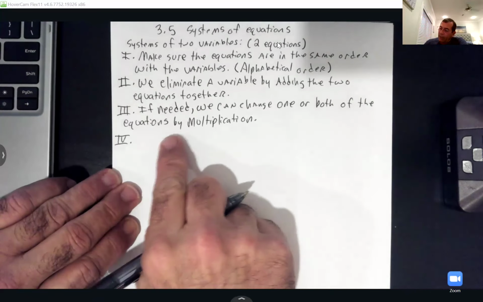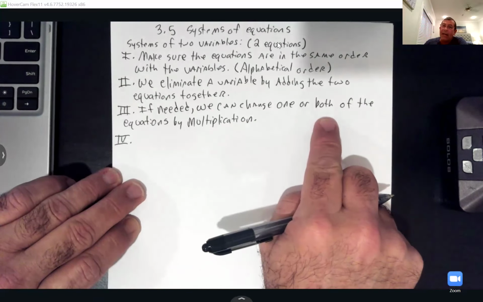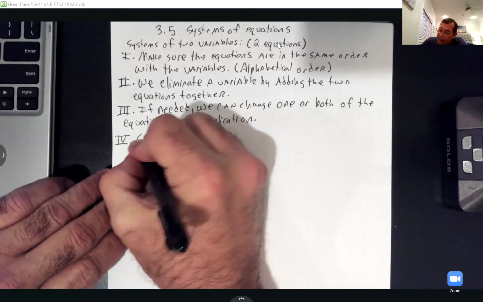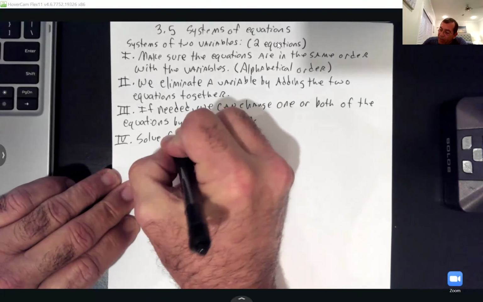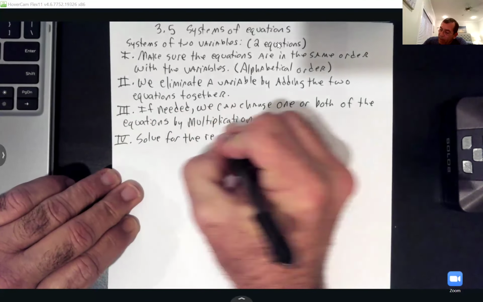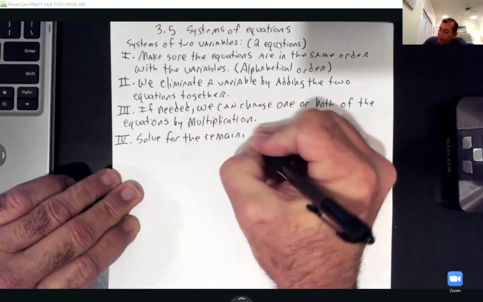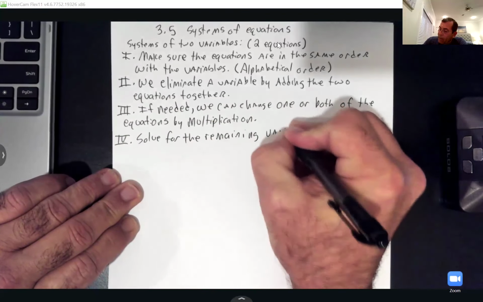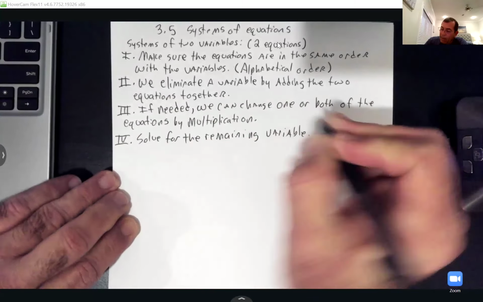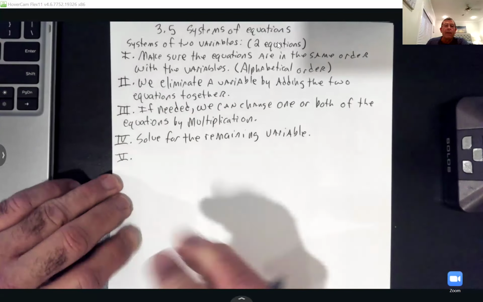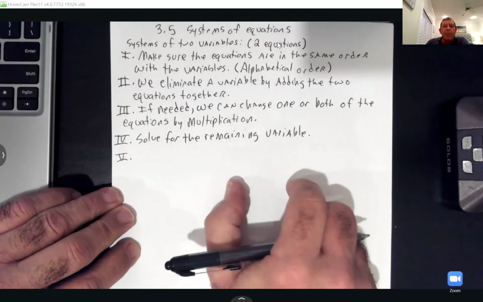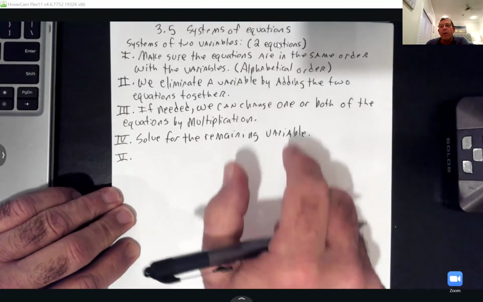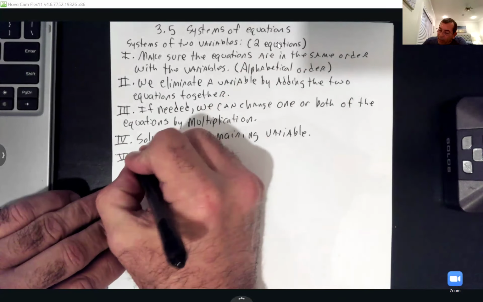Alrighty. So once I've eliminated one of my variables, I then solve for the remaining variable. To get the other variable, I back substitute.